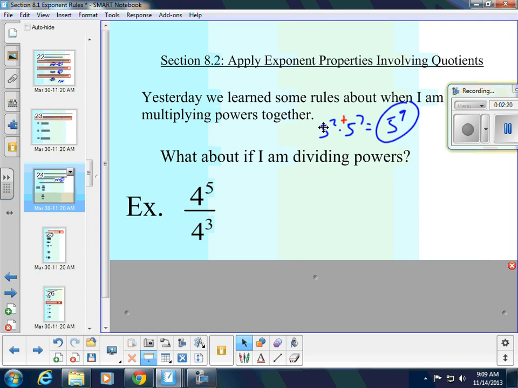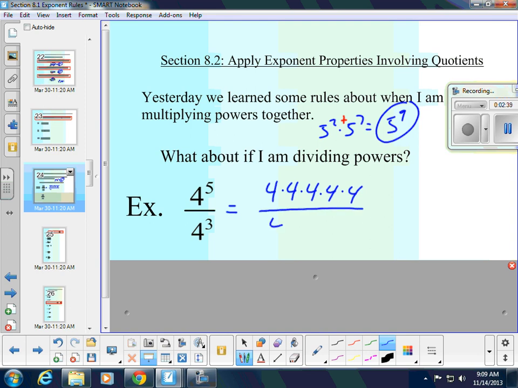But first I'll show you a little of the behind the scenes, like why does this work out? Let's look at this problem. What if we had 4 to the 5th divided by 4 to the 3rd? Writing this out in product form, 4 to the 5th would just be 5 4s multiplied all together, and 4 to the 3rd would be 3 4s multiplied all together.